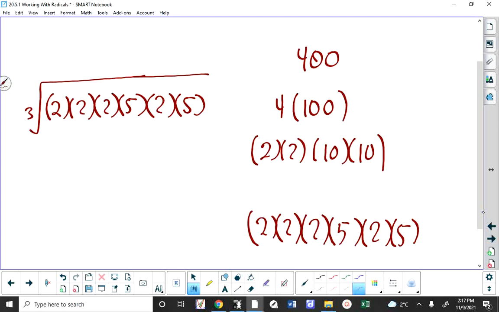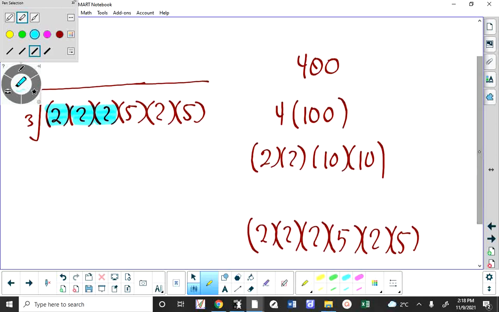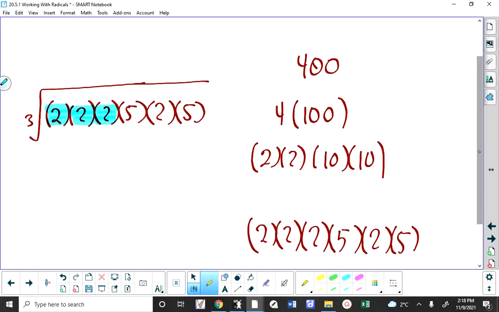This is a cube root. According to what I've told you, since it's a cube root, we ought to be able to take a triplet out. And I'll explain to you why this rule is going to work in a second. And I take that triplet outside and I write it as a single.